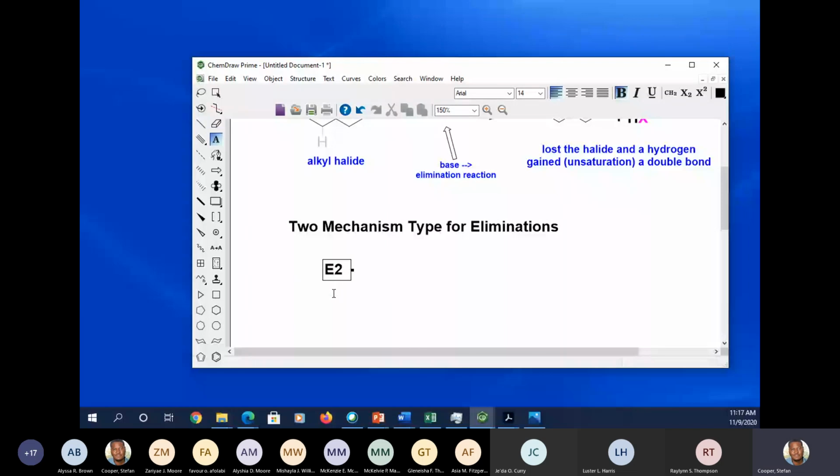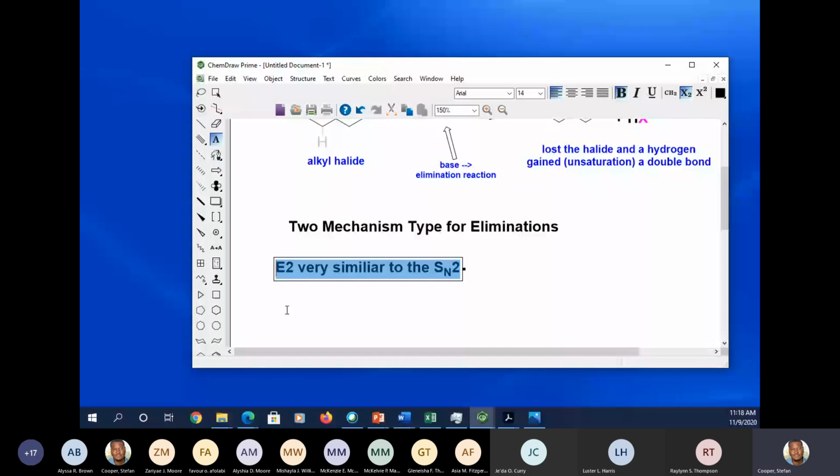This is very similar to the SN2 type. This is why I teach these two chapters together. The same information that you would need for the SN2 is going to be very helpful for the E2.